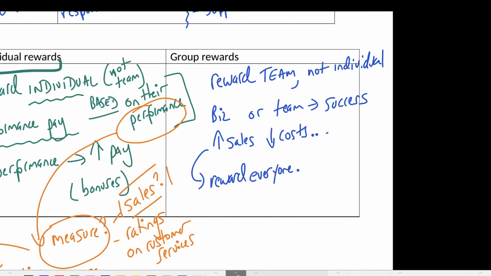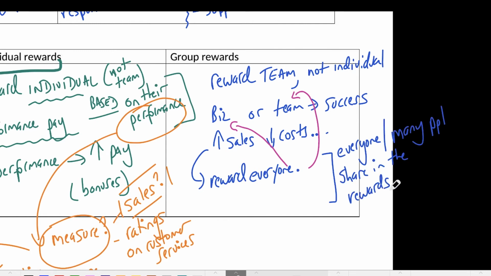We might reward everyone in the whole business, or maybe just the team gets the reward. And so what we are saying with this process is that everyone in the whole business, or many people in the team, share in the rewards. This is very much the concept of gain sharing, that those gains across the business are shared with the members of the business.